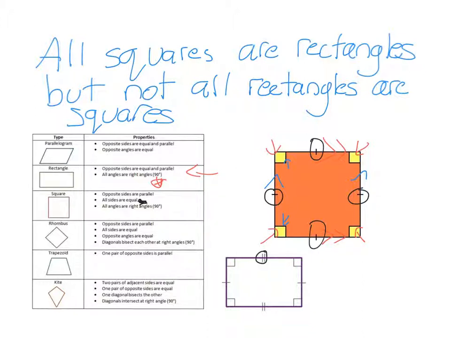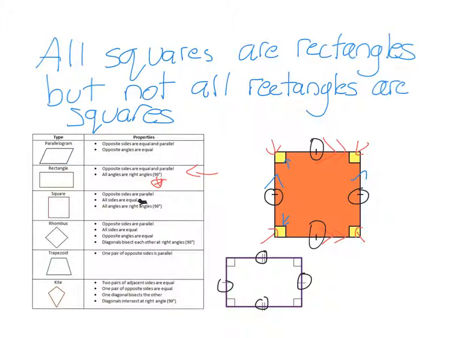But though this side and this side are equal, they're not the same as this side and this side. Because not all 4 sides are equal to each other, this rectangle is not a square. So any square also satisfies the definition of a rectangle, but a rectangle doesn't necessarily follow the definition of a square, okay?